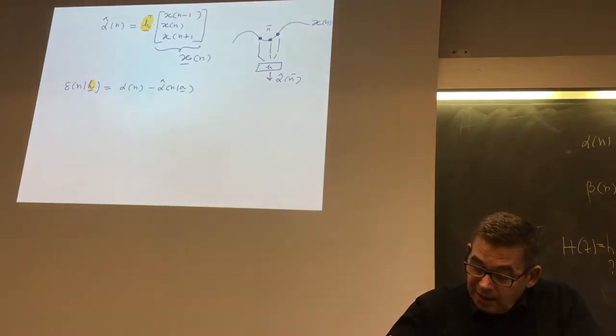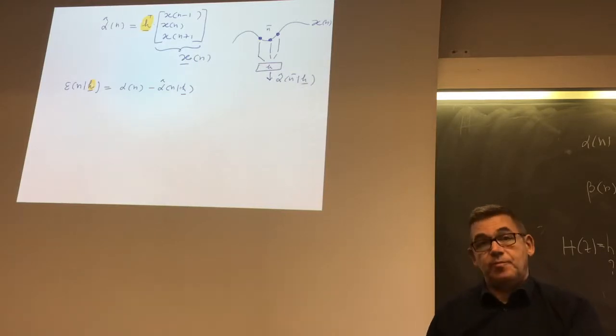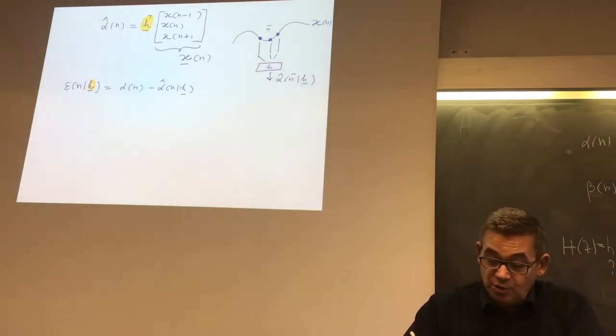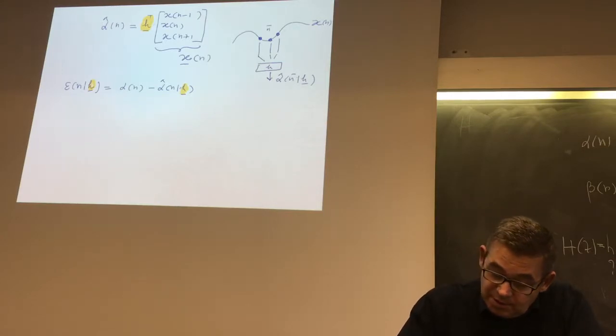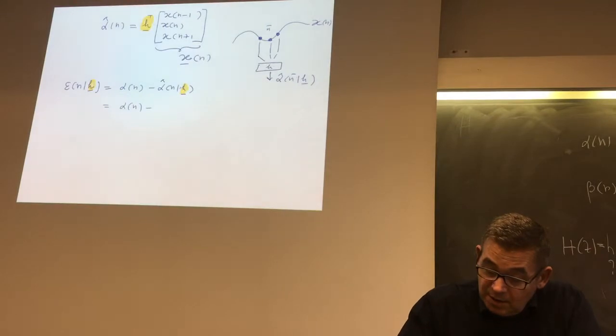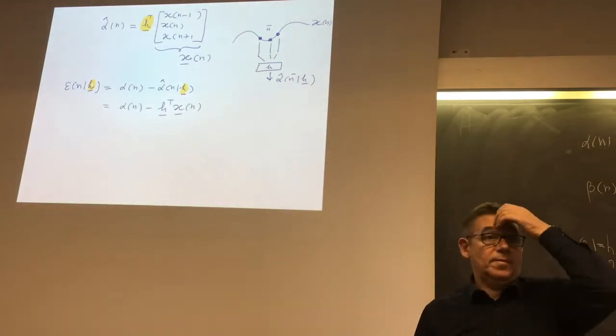Let me highlight the dependency here. So this depends on the vector coefficient h, the unknown of the problem. And this one minus h transpose xn. That's the error.